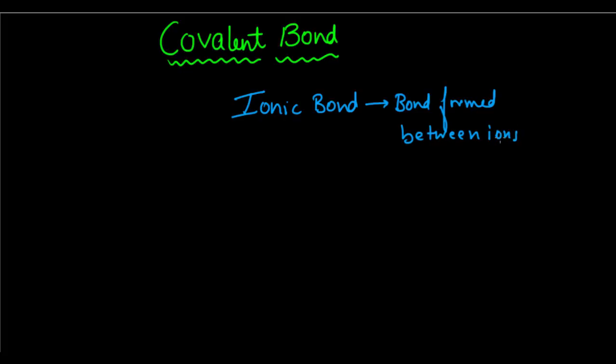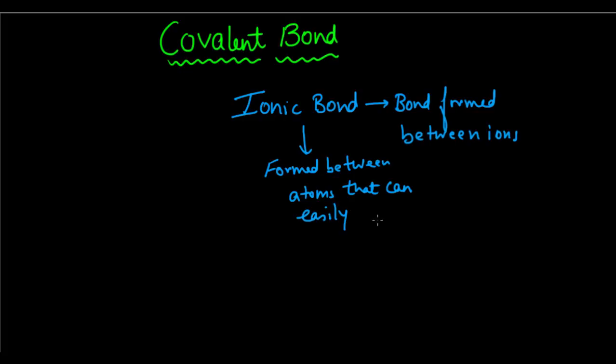Or we can also say that an ionic bond is a chemical bond which is formed between atoms that can easily lose or gain electrons, right?